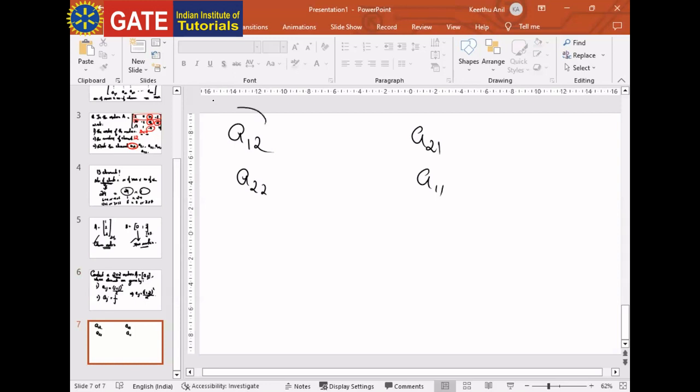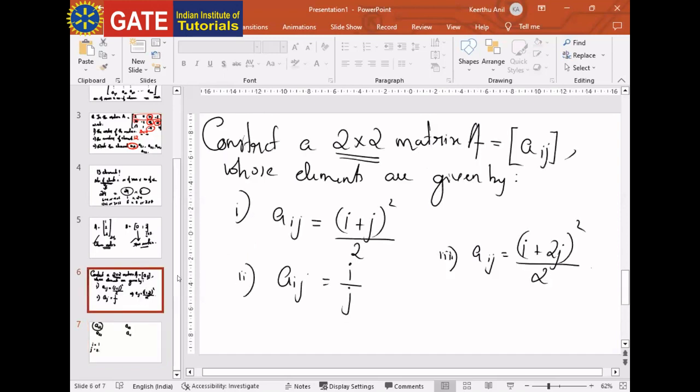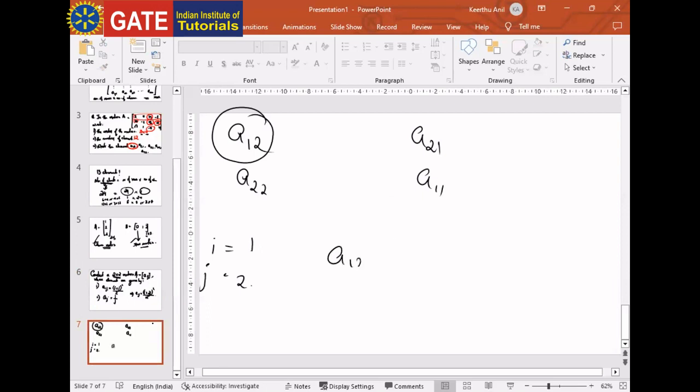Now here, in this first case, A12, who is our I? 1. Who is our J? 2. So we have got the values of I and J. Now what is the equation given over there? Aij equals (i plus j) the whole square by 2. So A12 means 1 plus 2 the whole square divided by 2.